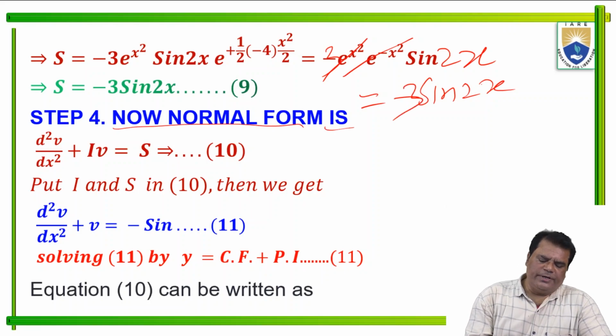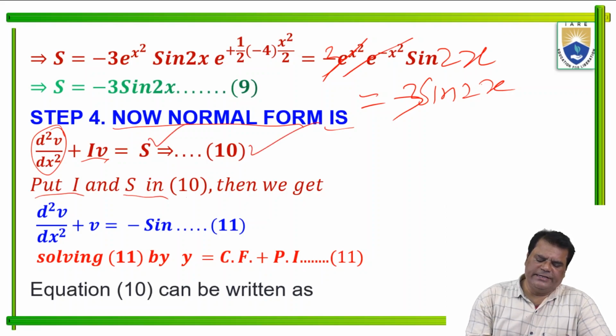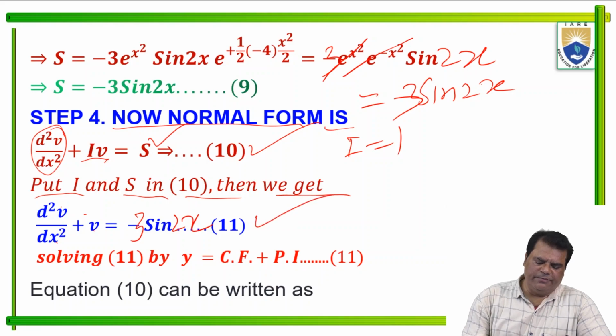Now the normal form is d2v over dx2 plus Iv equal to s, this is equation 10. Putting the values of I and s in 10, we get d2v over dx2 plus Iv, where I is 1 and s is minus 3 sin 2x. This is equation 11.